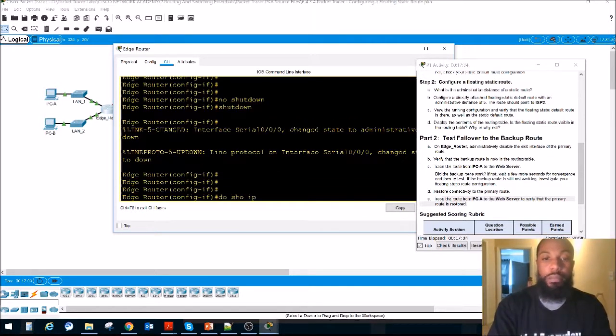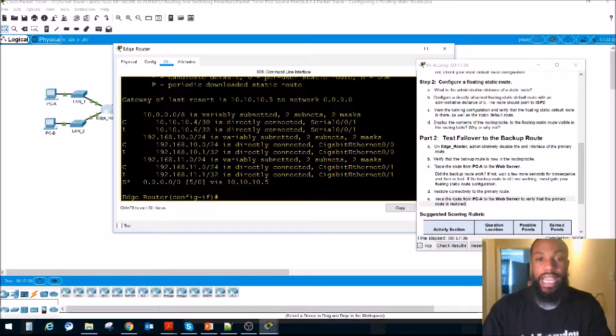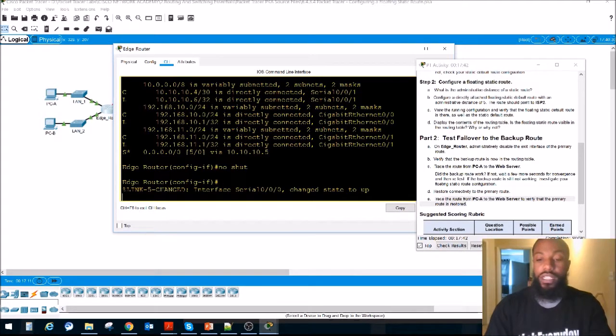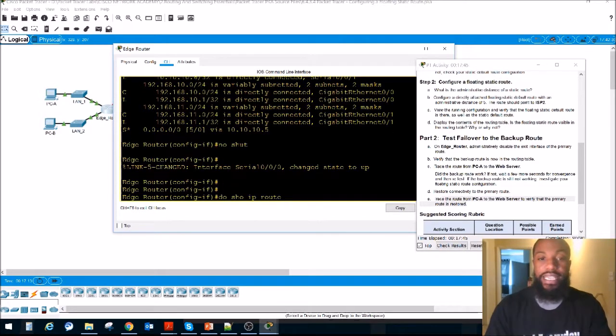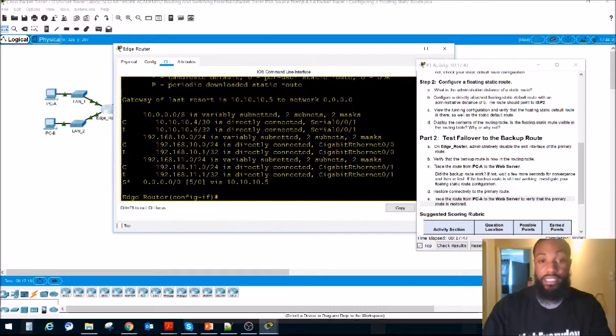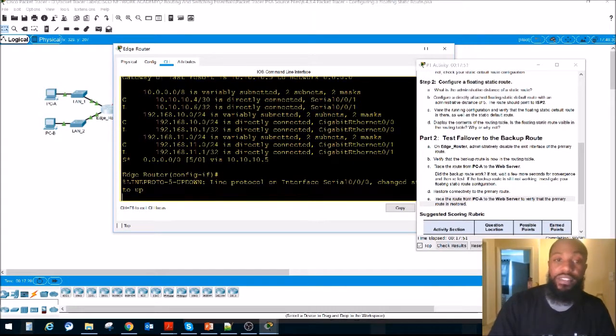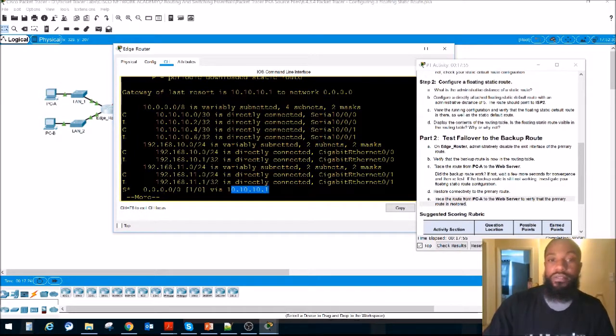Do show ip route. Now it says take 10.10.10.5. Right. Now no shut, back up, and let's look at the routing table. It still says 10.10.10.5. Right. Now it's back up, 10.10.10.1. See that? All right.